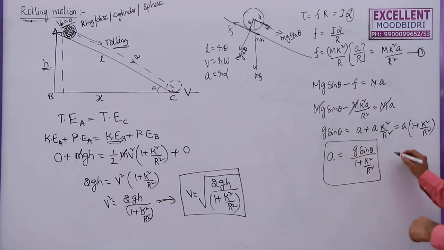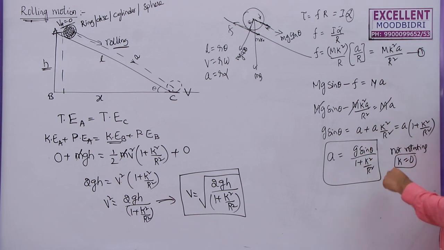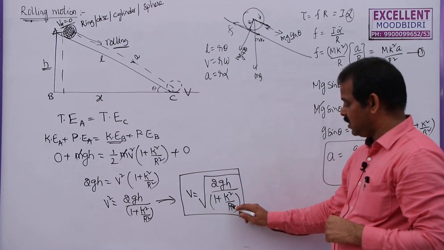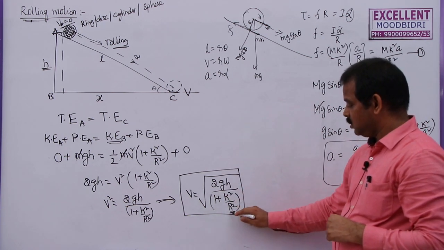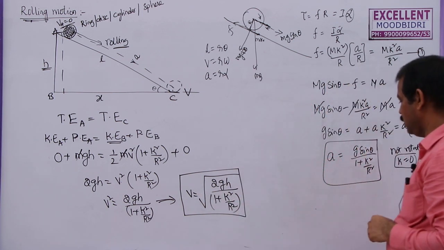Suppose the body is not rolling, not rotating at all, only sliding, then k should become 0. So how will this formula change? A is equal to g sin theta by 1 only, or g sin theta, the previous expression that we derived. Here also, if there is no rotation, k will become 0. 0 by anything is equal to 0, so this quantity will become 0. V is equal to root over 2gh, the velocity of a freely falling body.